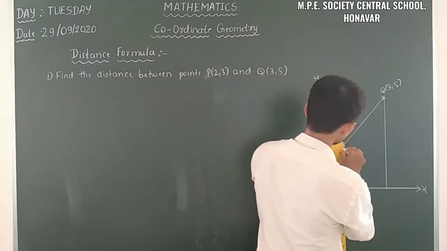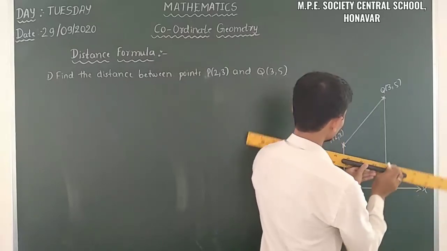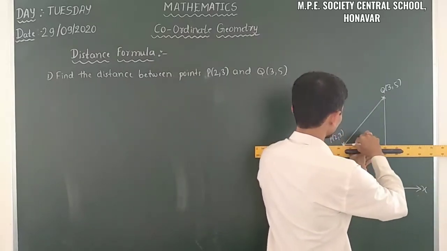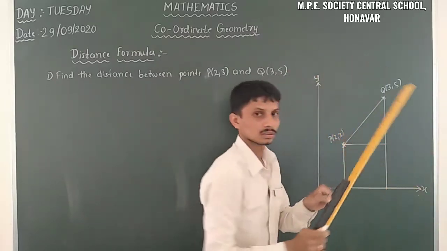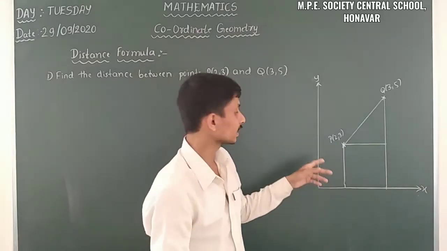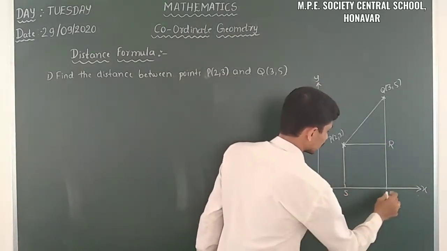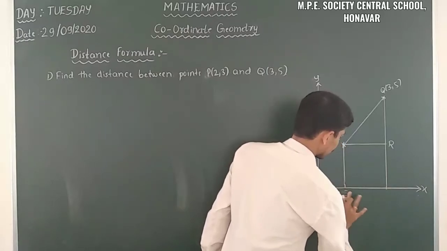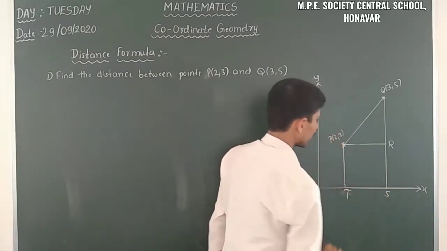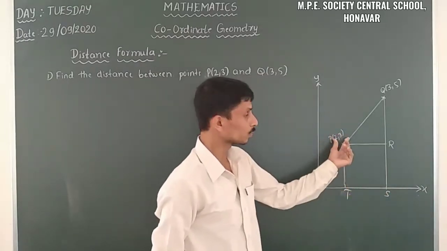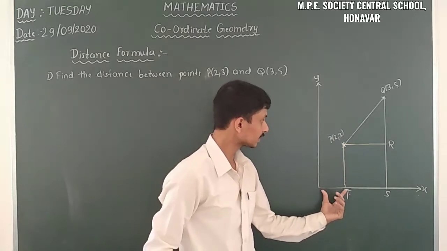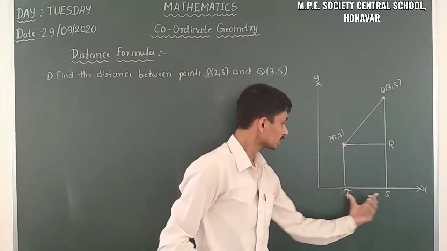Previously we did the same. Here we have to find the distances. Here I will take PR, and here ST. Since P is (2, 3), here this distance is 2 and the total is 3.